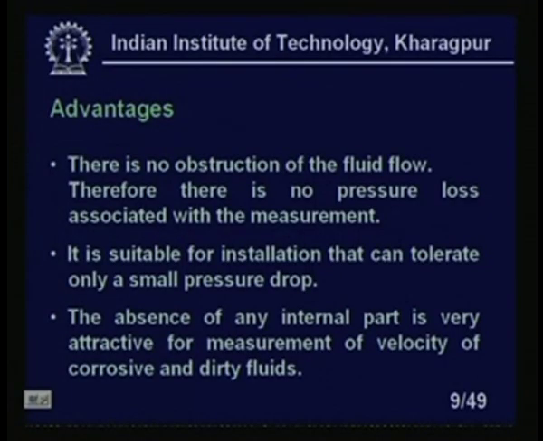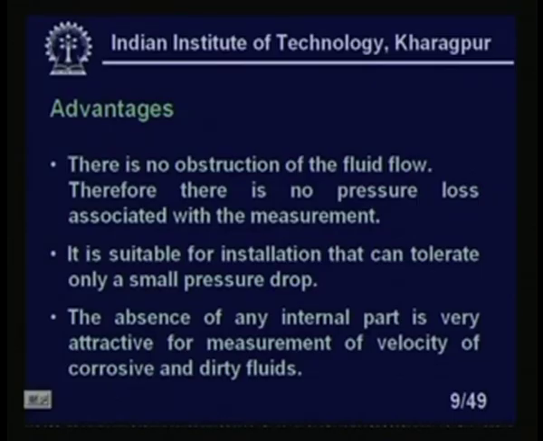The absence of any internal part is very attractive for measurements of velocity of corrosive and dirty fluids. You will find that in other types of flow meters, whether differential pressure flow meters or turbine flow meters, we have to install systems inside. In the case of a turbine flow meter, the entire turbine is installed inside the pipe.